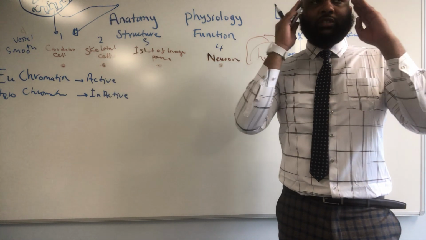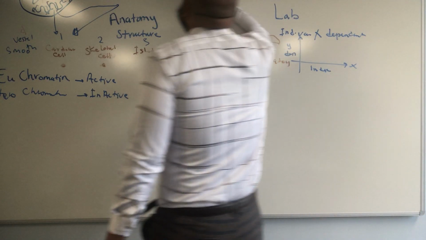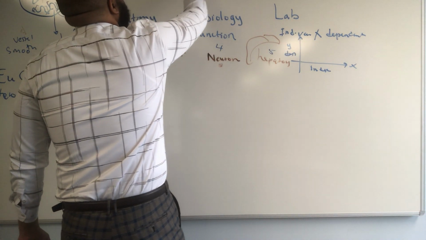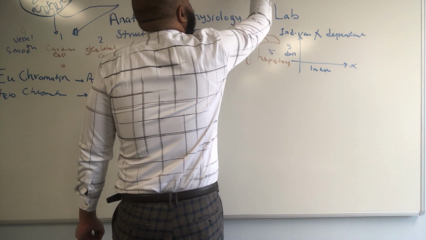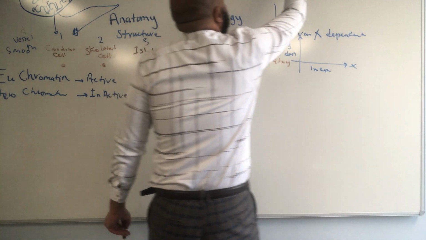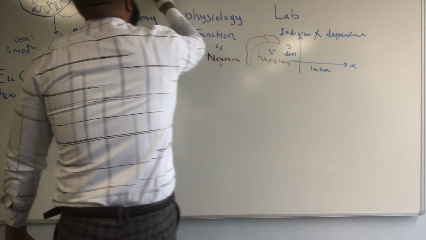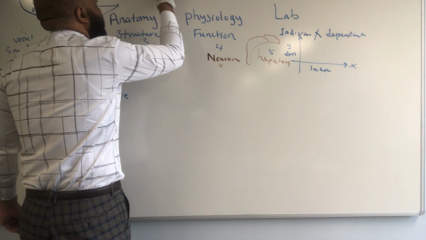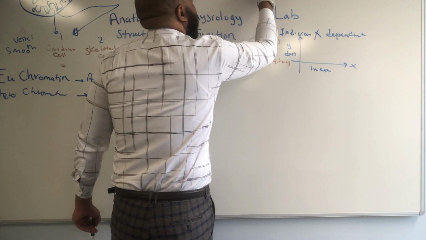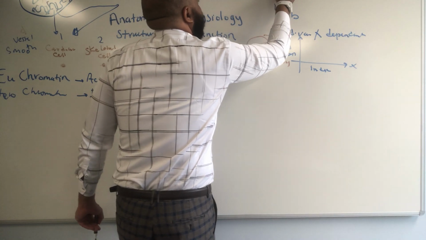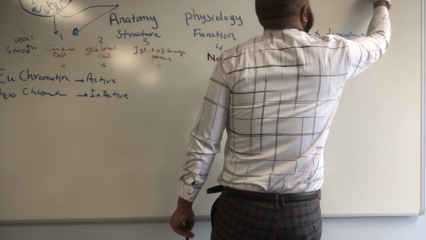So now you must understand the central dogma of biology. What does the central dogma of biology say? It says that from DNA we get mRNA, and from mRNA we get our protein.